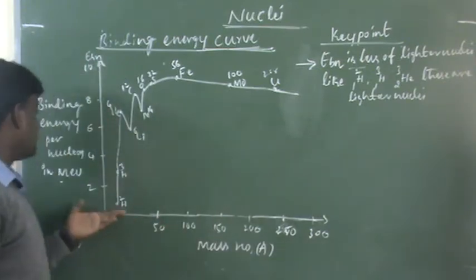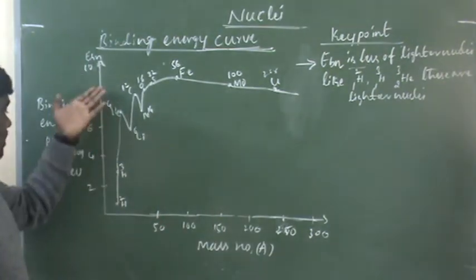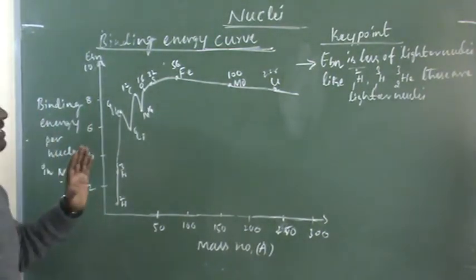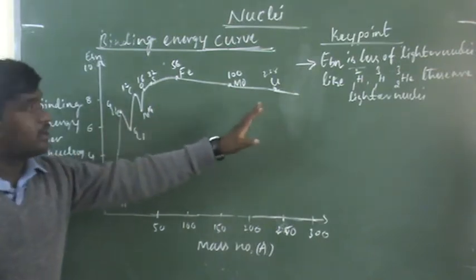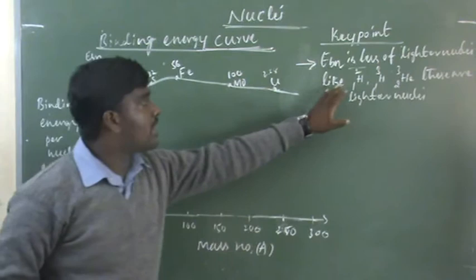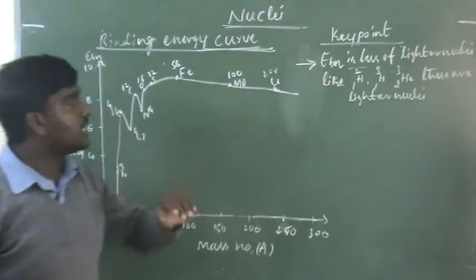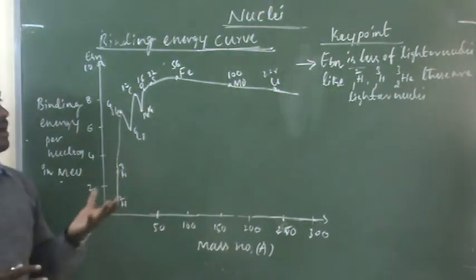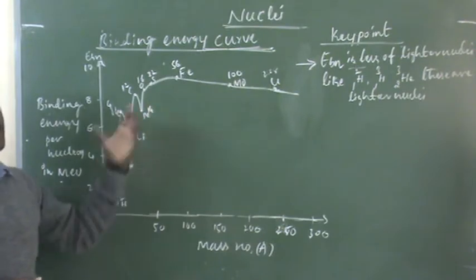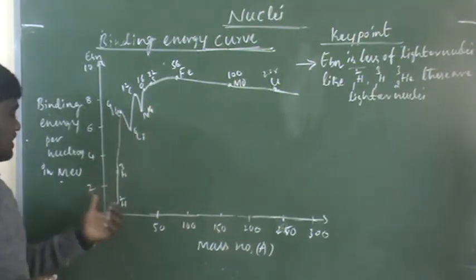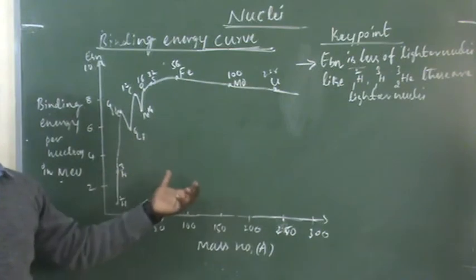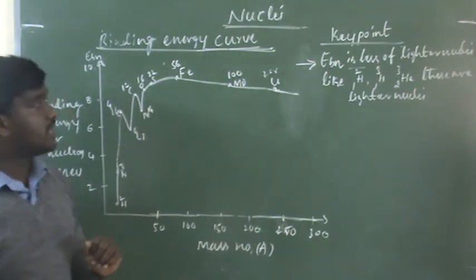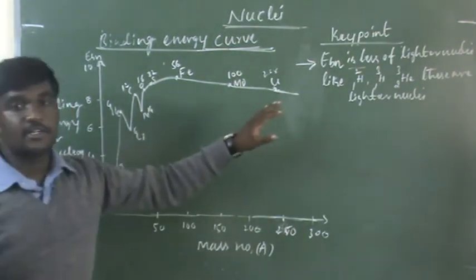Nuclear binding energy in mega electron volts along the y-axis is less for these elements. Helium and hydrogen isotopes are the lighter nuclei, and their nuclear binding energy is less. Clear? This is the first point.